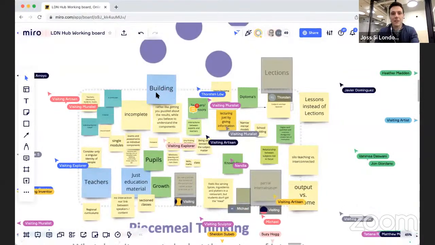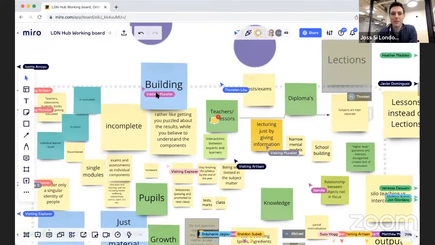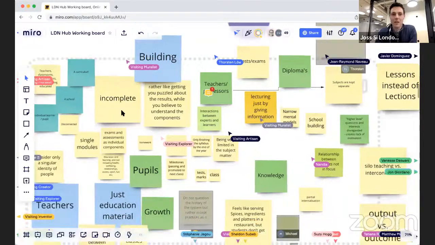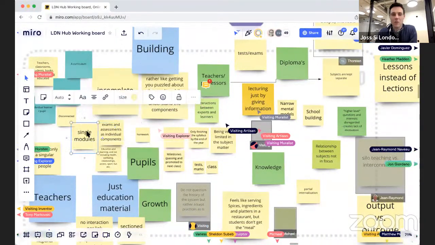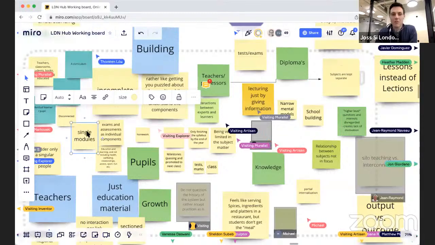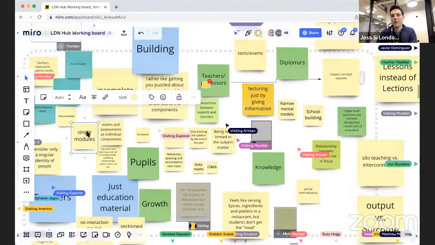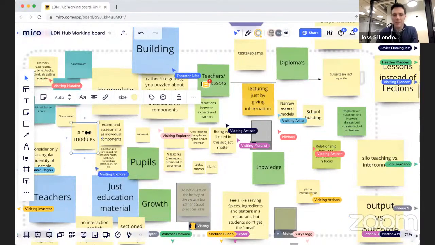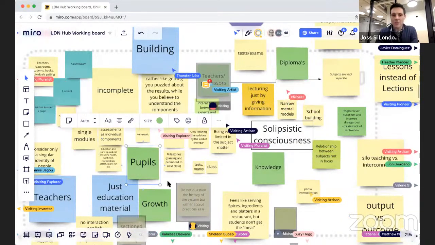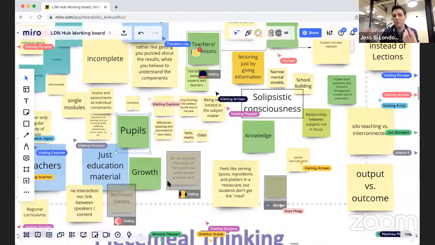Building. It's about the individual buildings, is it? Okay, incomplete single modules. Yeah, or even individual lessons is one way of breaking this system down into parts, into the individual subjects. Pupils, yeah, it's about pupils, about individual people, right?